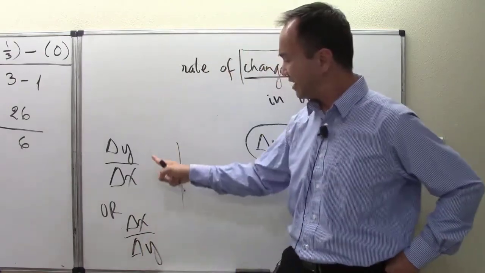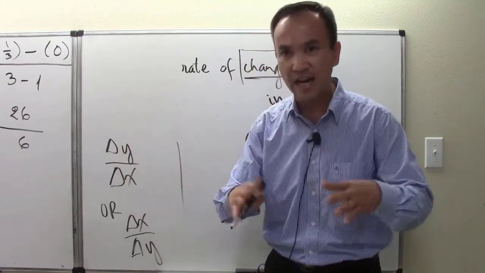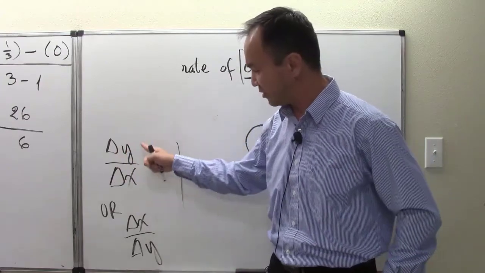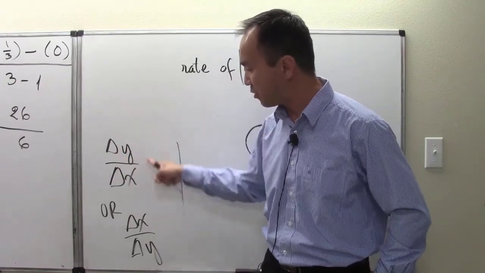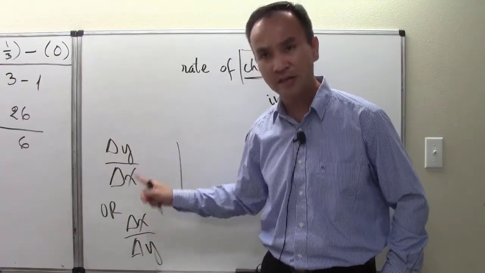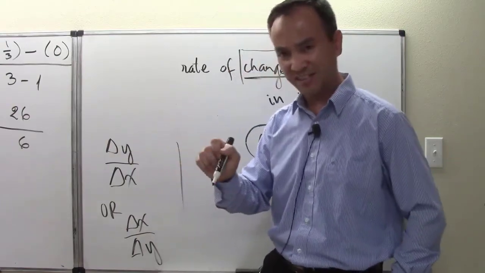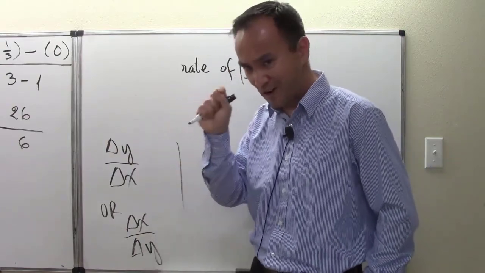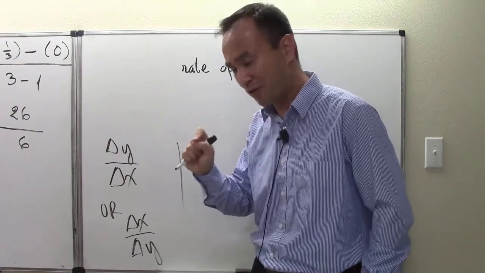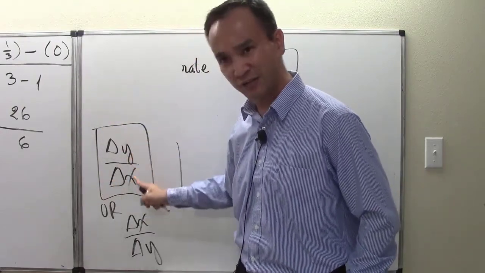Because you see, if we treat these changes of x and y independently, then we can set a ratio delta y over delta x, or we can also set a ratio of delta x over delta y. But why was the formula only chosen to be delta y over delta x? See, I already led everyone down that path.